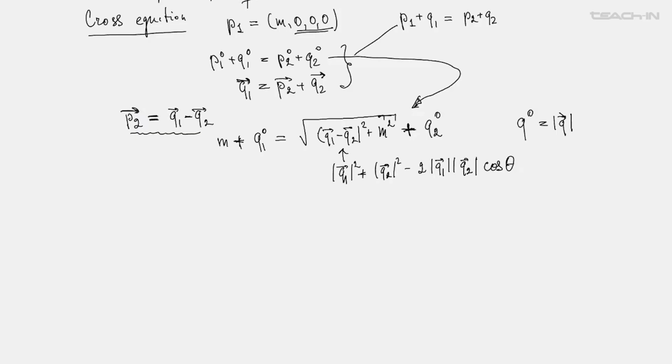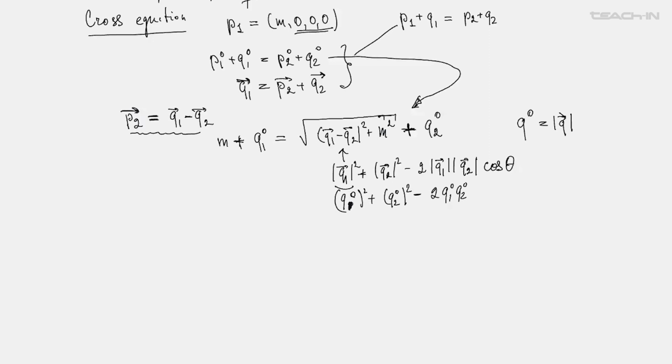And then each of these Q's I can replace by Q0. So this is Q10 squared plus Q20 squared minus 2 Q10 Q20 multiplied with cosine theta.